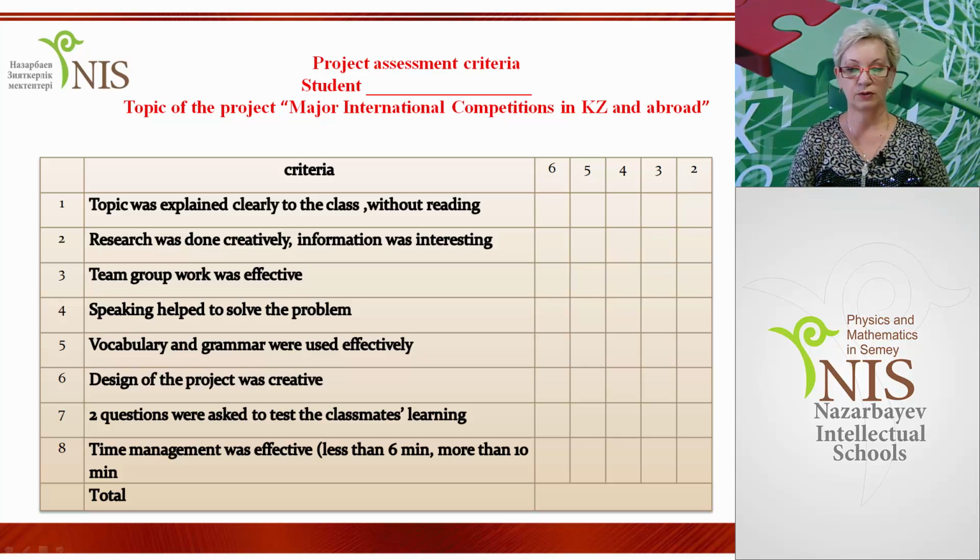Vocabulary and grammar were used effectively. Design of the project was very creative. And 2 questions were asked to test the classmates' learning. Time management was effective. No less than 6 minutes. And then later we will count what's your total score.